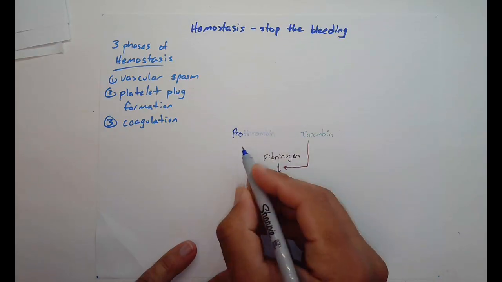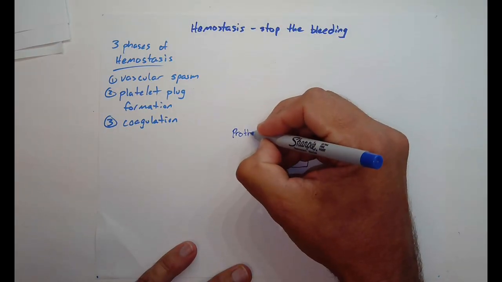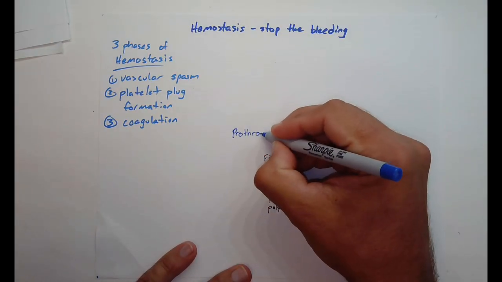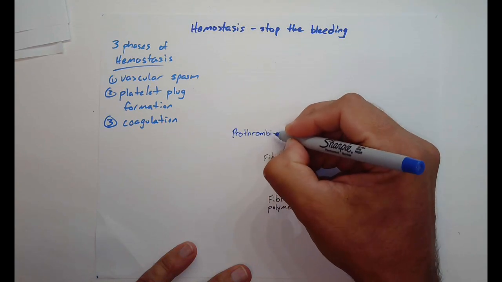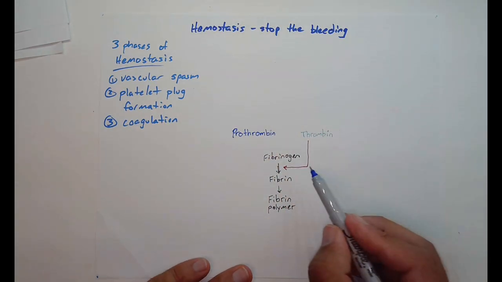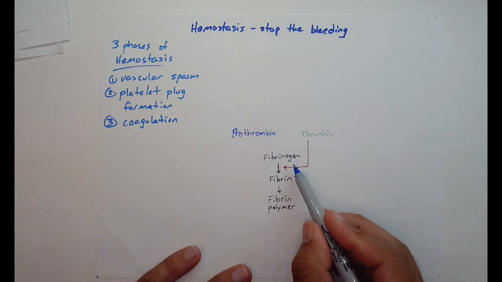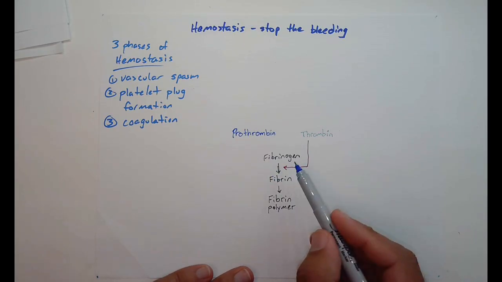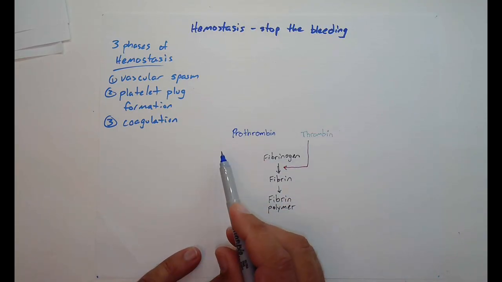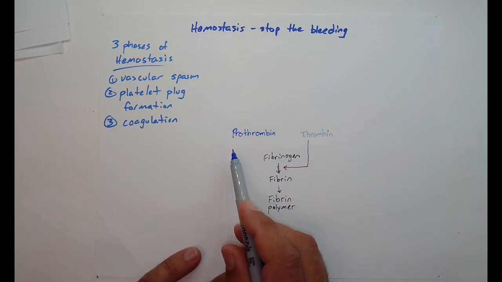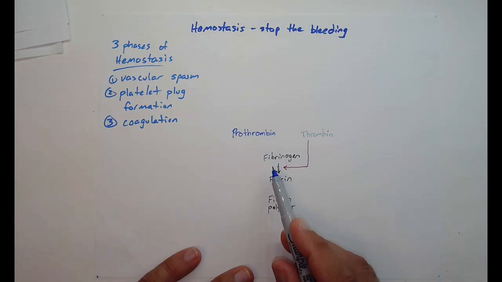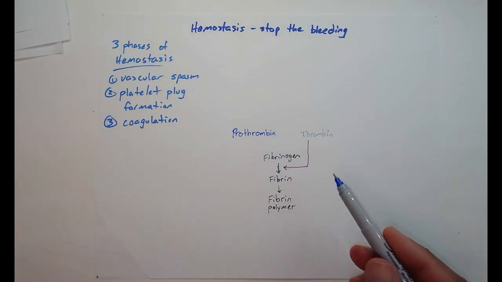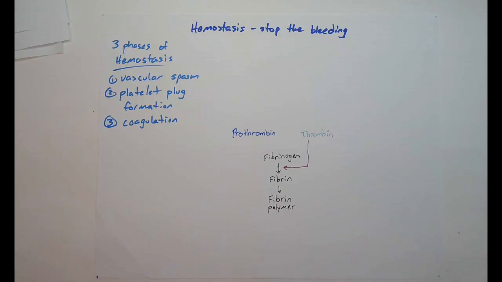So if we start the word with pro, then it is inactive. And just as a quick recognition, we also said that if we end a word in ogen, then it is also inactive. Basically, it's just whether we are inactivating it on the amino group side, or on the carboxylic acid side of an amino acid. That's all that is.